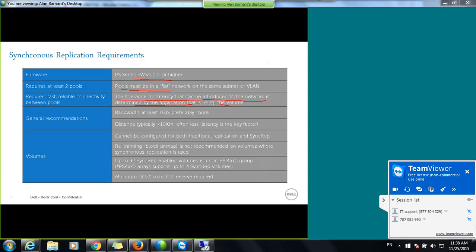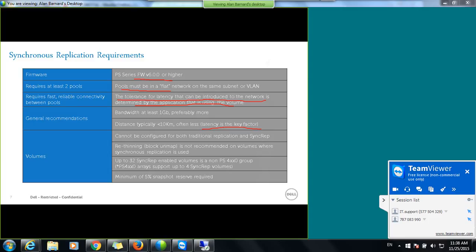Distance typically less than 10K, or often less. Again, latency is the key factor, because if you haven't acknowledged it, you're not going to get a response. So yes, latency is the key factor for SyncWrap to work properly, and then you get benefit out of it. Okay.